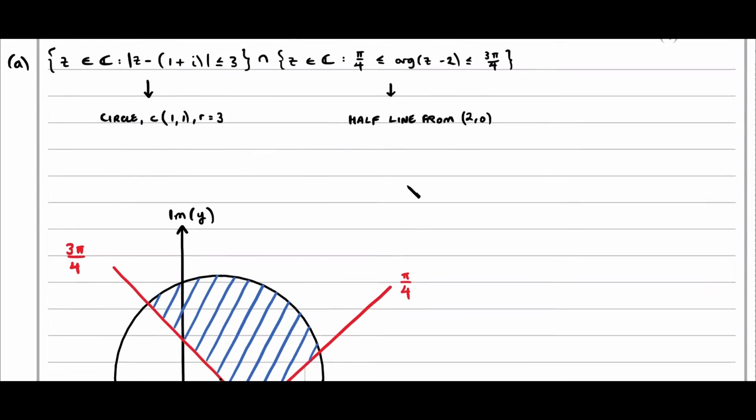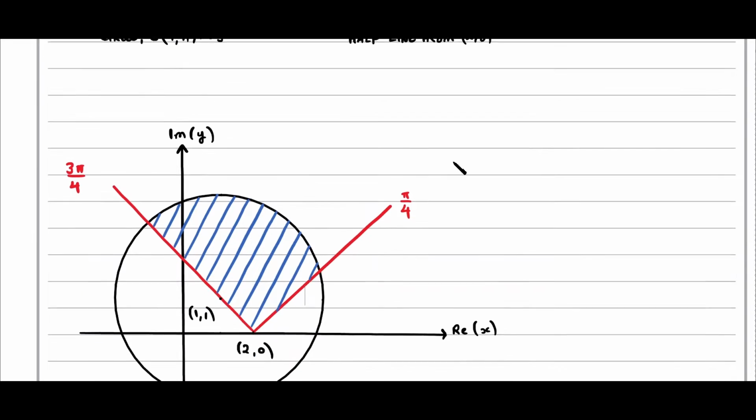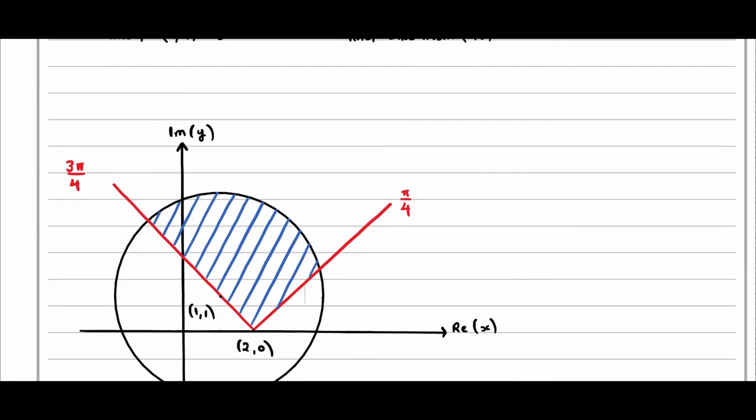we can first of all find the intersection point between this and this, which will be this point over here. And we can then use Pythagoras to work out this w squared.